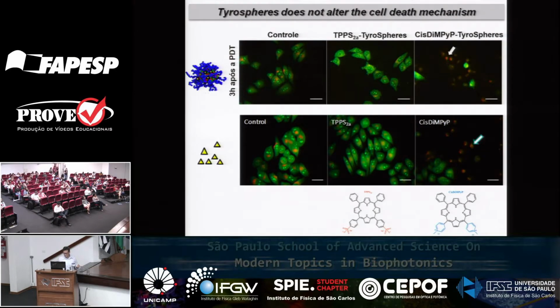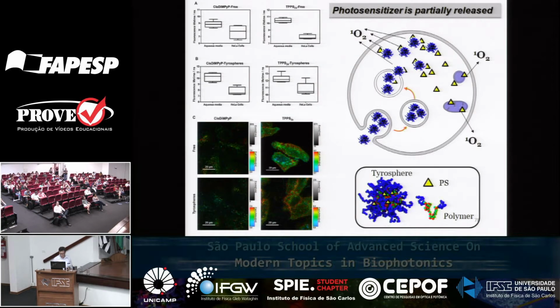However, the polymer does not really go to mitochondria or lysosome. It should be somehow releasing this molecule, which goes to the site of localization. So we need to prove that release, and Tayana did that by using lifetime fluorescence microscopy measurements. So this is the lifetime inside the cell of the free dye, inside the cells like this. And when we have delivery to lysosomes, we also have, in this tyrosphere, this decrease in the lifetime.